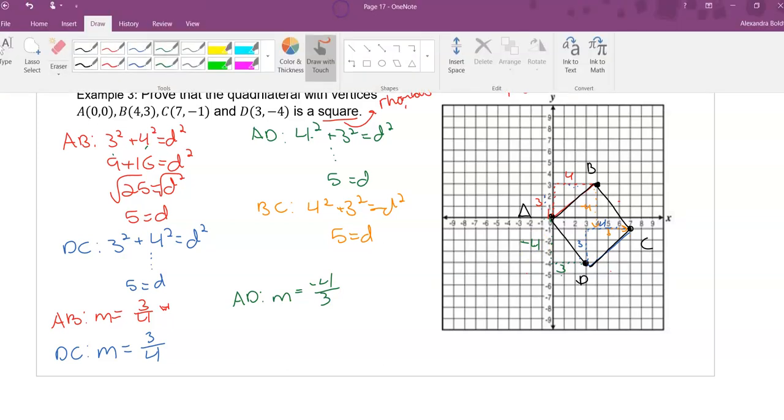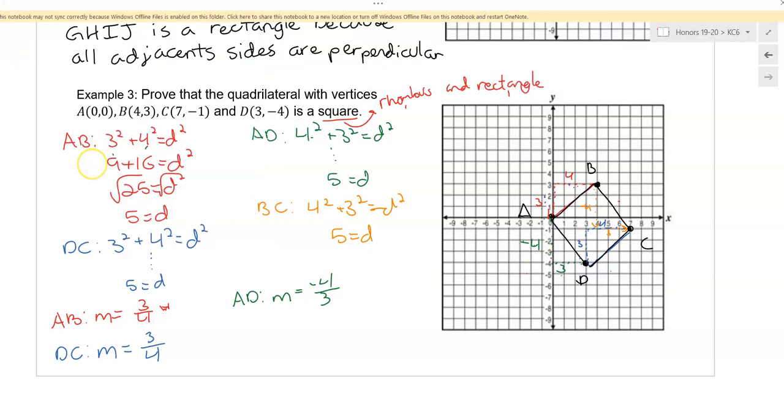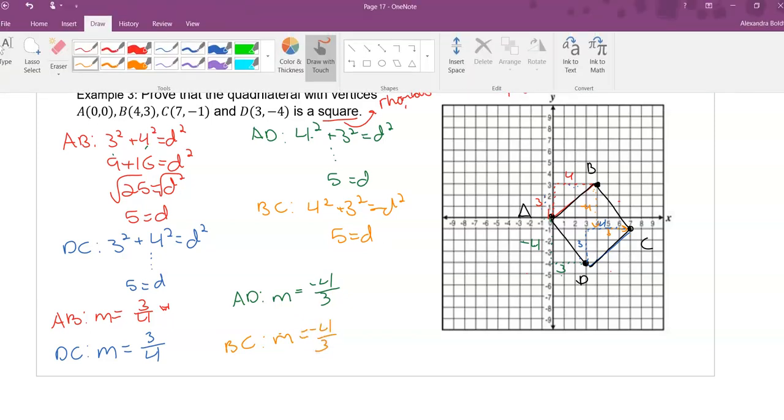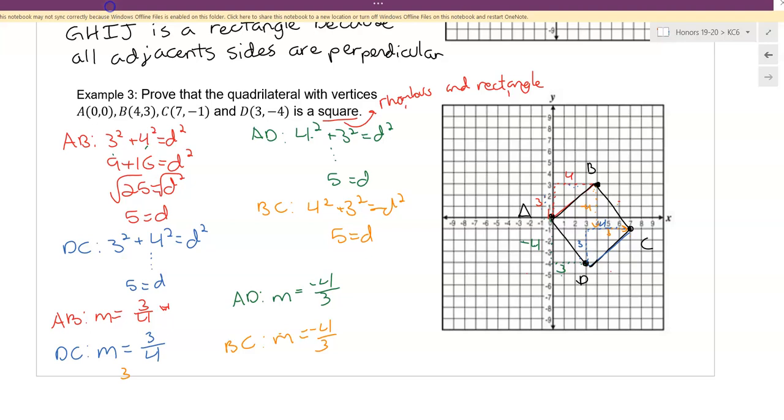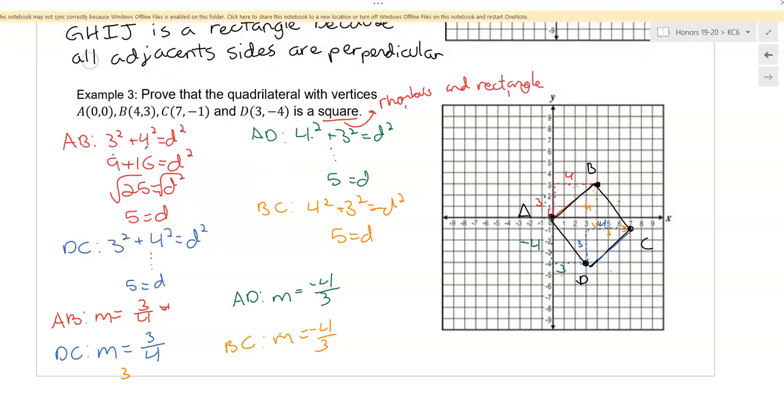Okay. And from B to C, again, -4, 3. Now, any two adjacent sides that I choose, right, will be some 3/4 times -4/3 or -4/3.